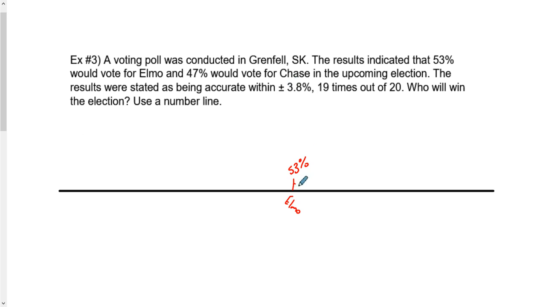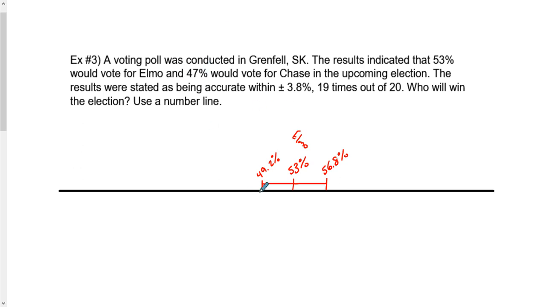Which means if we added that 3.8, it'd be 56.8. If we subtracted it, we get 49.2%. So I'm just going to move Elmo up here.